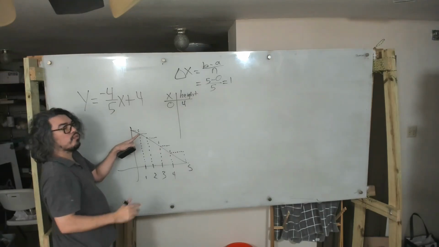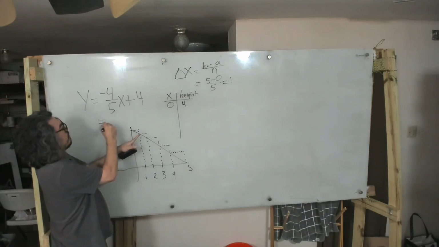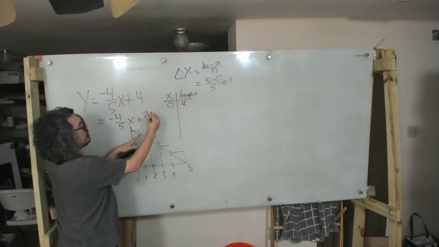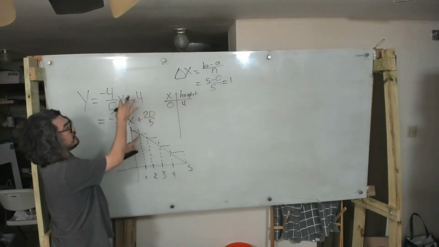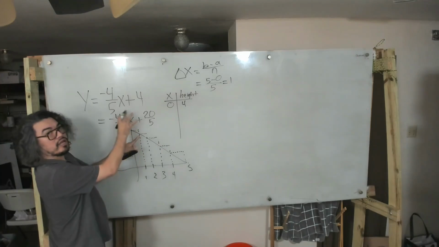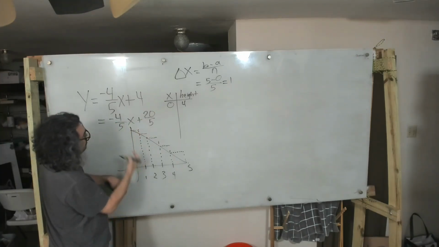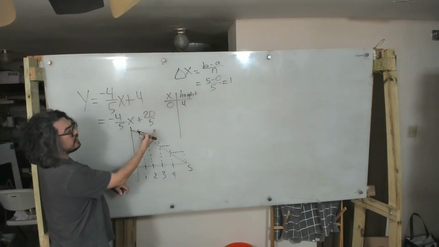I ask myself, what is 4 times 5? I know that 4 times 5 is 20. So I can rewrite this as negative 4/5 x plus 20 over 5. 20 divided by 5 is 4. So this equation is the same as this, but it'll be easier to calculate the numbers I need by writing it like this. Because if x is 1, 1 times negative 4/5 is negative 4/5 plus 20/5 is 16/5.